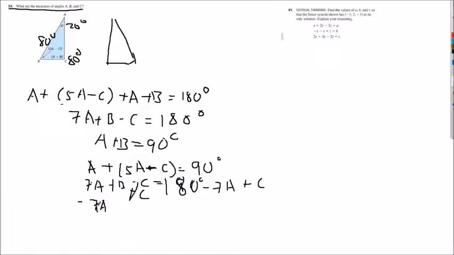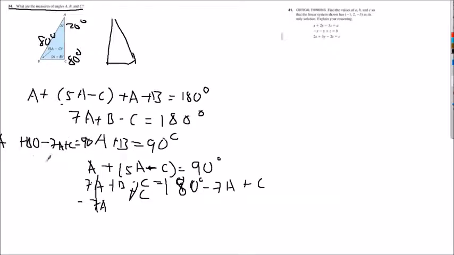Okay, add c to both sides. b equals 180 minus 7a plus c. So then we can have a plus 180 minus 7a plus c is equal to 90.